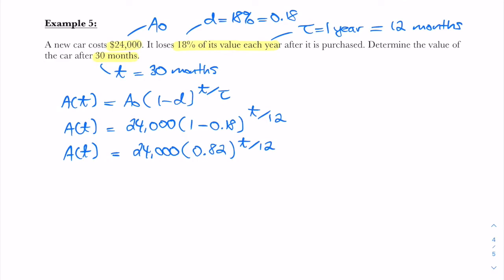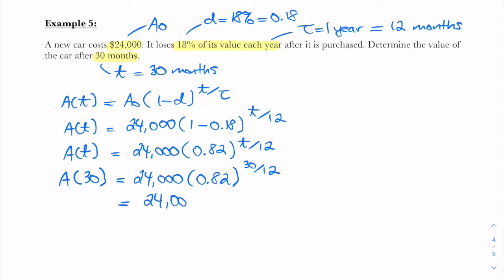All right, evaluate when t equals 30 months. I'm going to simplify the exponent. 30 over 12 is 2.5. And once again, this is a job for your calculator.